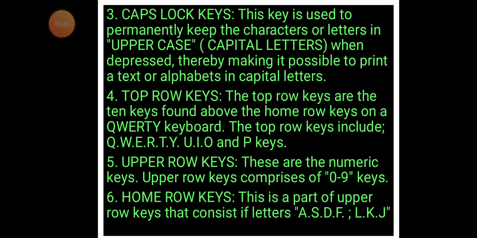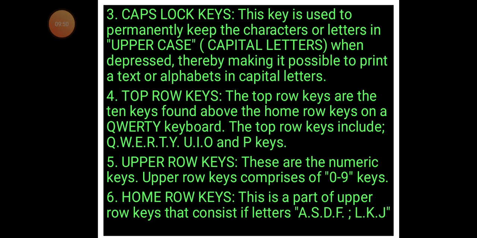Such keys you can also use with the shift key, like we said before. When you press the shift key and these upper row keys, it gives you symbols, like the and symbol, the at symbol, and all that.